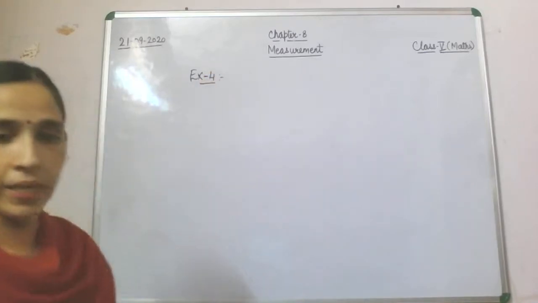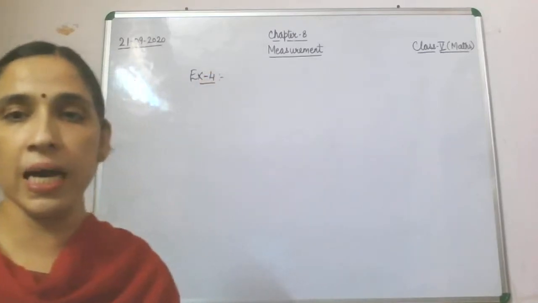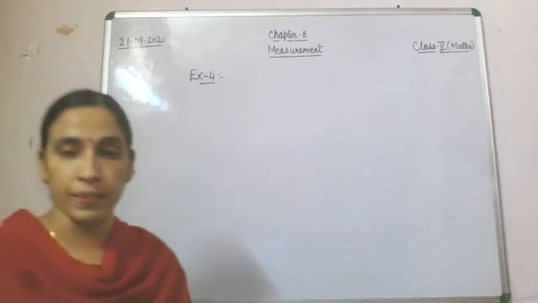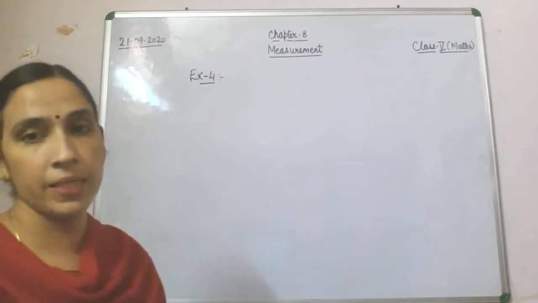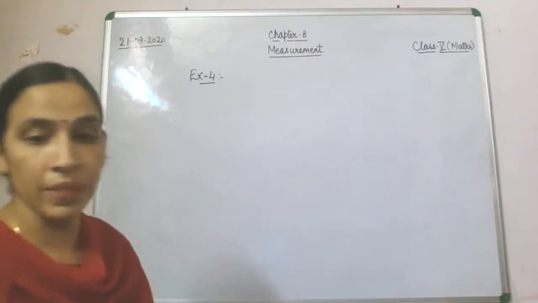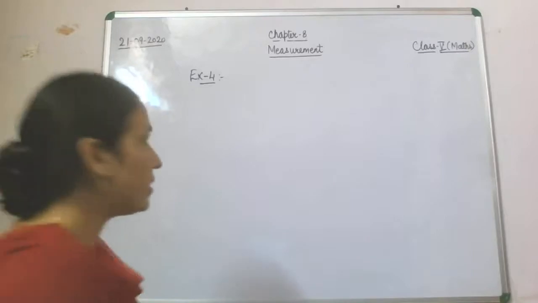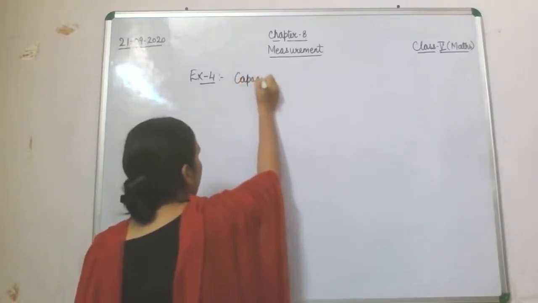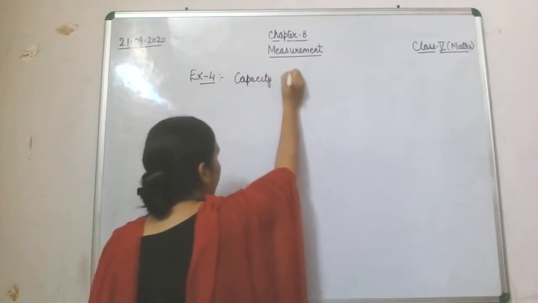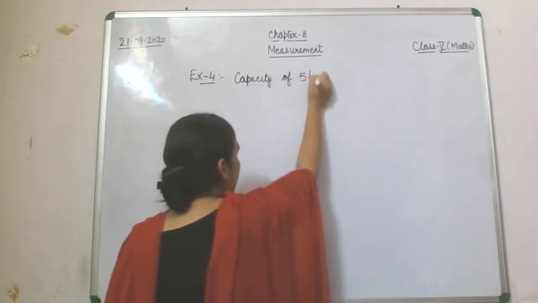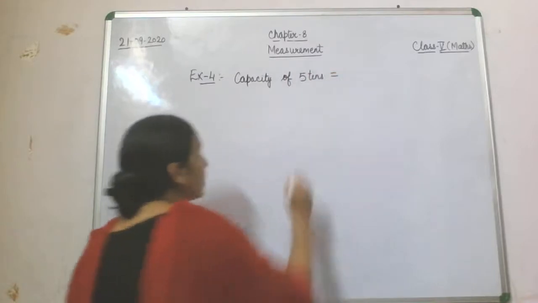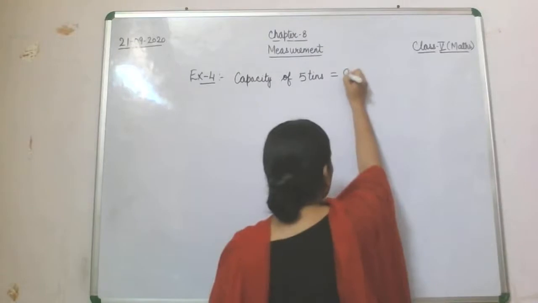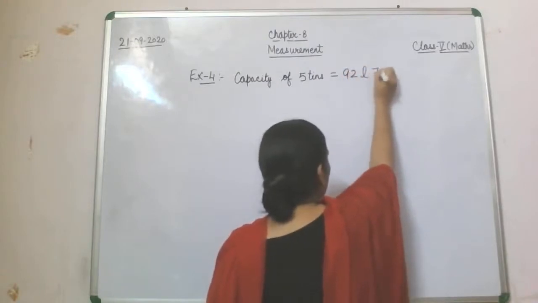Now what is there in our fourth example? 5 tins have 92 liters 70 milliliters ghee. Now find the capacity of 1 tin. Now capacity of 5 tins is given, that is 92 liters 70 milliliters.